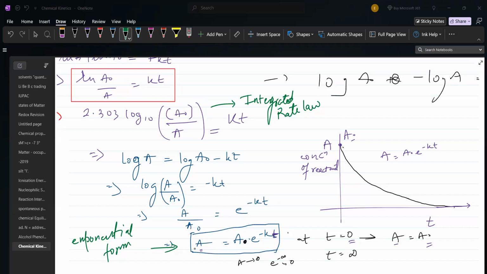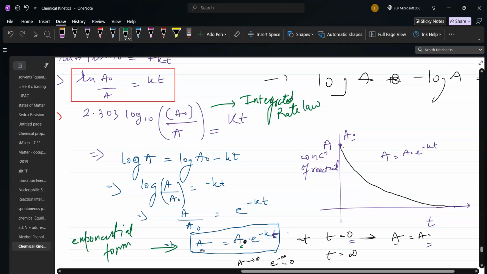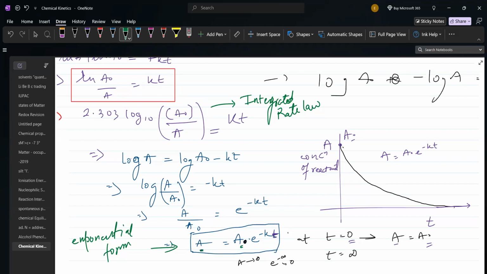A naught, you know, is the initial concentration, A is the concentration at any time, t is the time, and k is the rate constant. Got it, everyone?